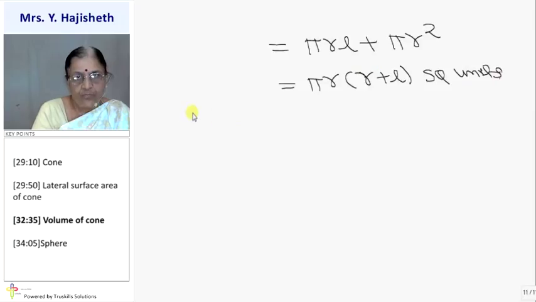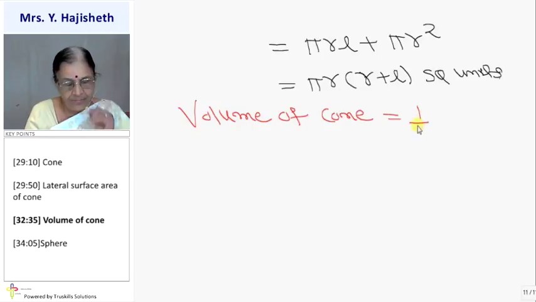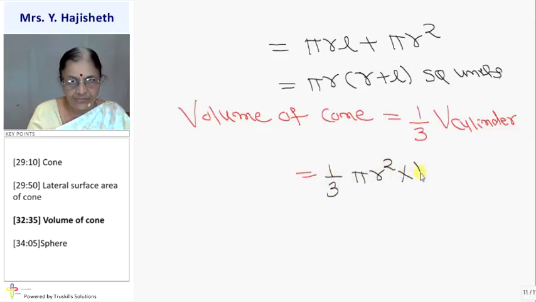Now what is volume? Volume of cone. As I said, three cones together form a cylinder of same radius and same height. So it is 1/3 times volume of cylinder with same measurement. 1/3 of the volume of cylinder, which is pi r square into h cubic unit.